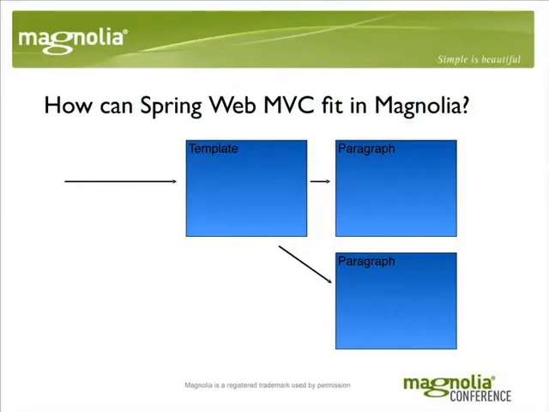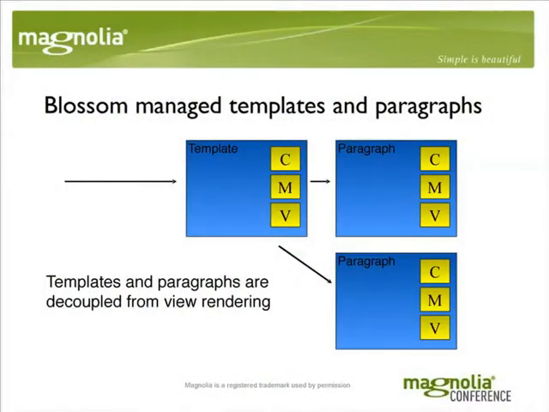So how does Spring Web MVC fit in Magnolia? This concept should be familiar. Basically, what I want to show here is that the request is handled by a page template that then includes paragraphs. You should know this already, I guess. So what Blossom does is it embeds the MVC pattern inside templates and paragraphs.